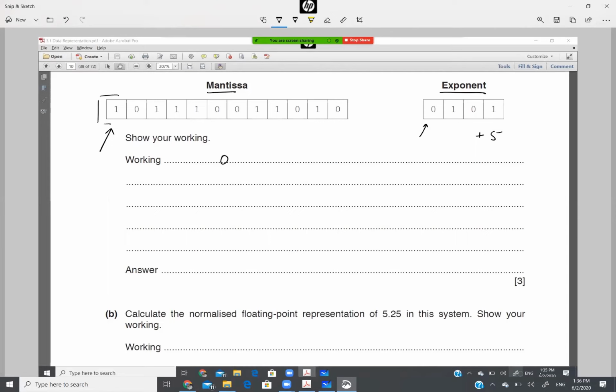After flipping every bit, hopefully I'm not making a mistake: 0, 1, 0, 0, 0, 1, 1, 0, 0, 1, 0, 1. After flipping, for 2's complement you add 1 at the LSB. 1 plus 1 becomes 0, and 1 will be a carry. It will come here and your answer will become like this.